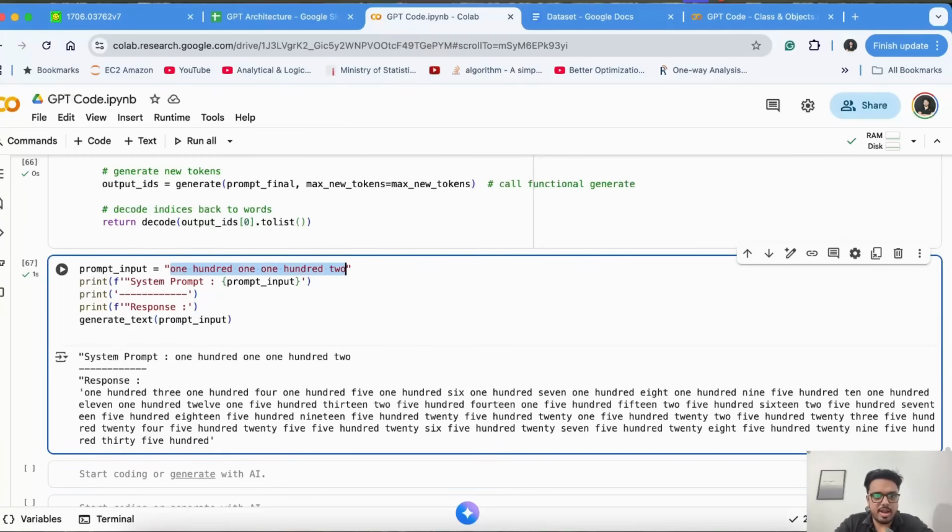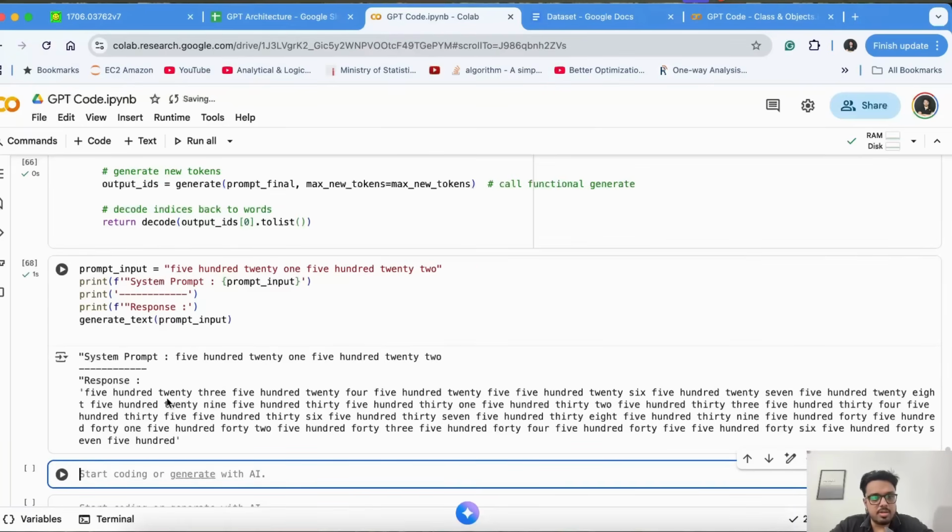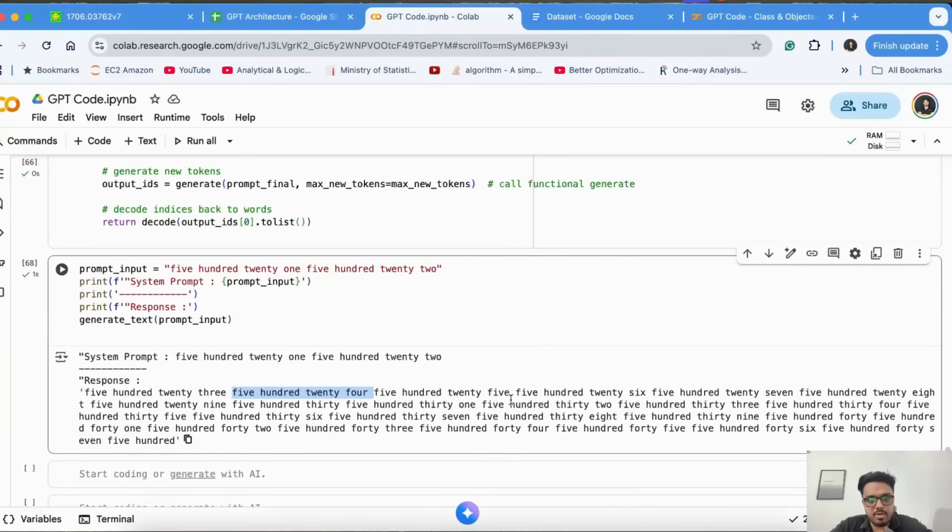Let's also try a few other examples. So let's say 521, and let's say 522. So 521, let's see what the model predicts. 523, 524, 25, and so on and so forth. So it is doing a pretty decent job.